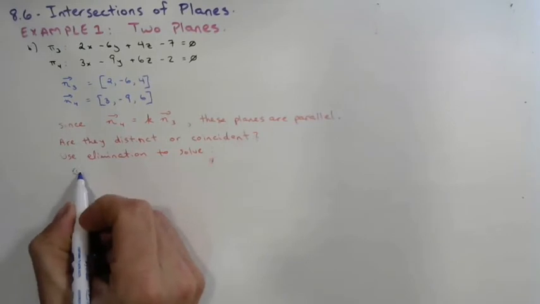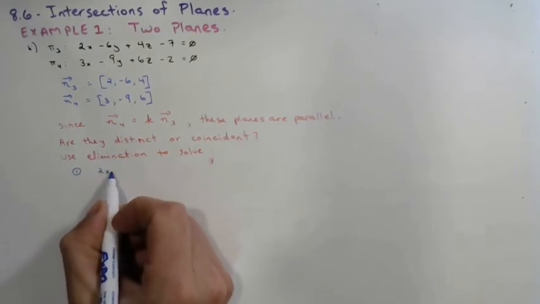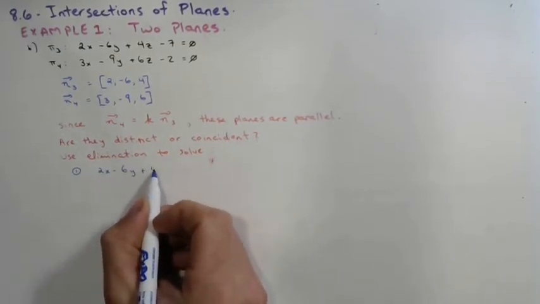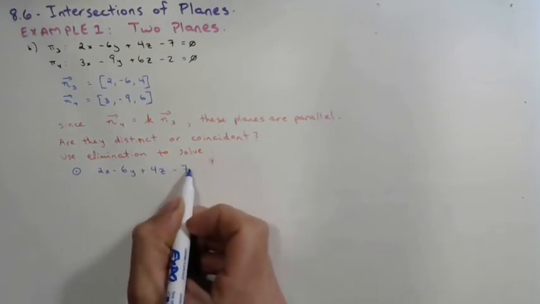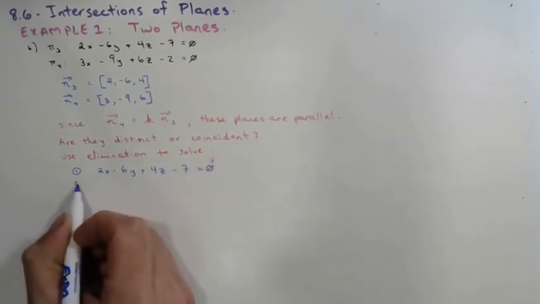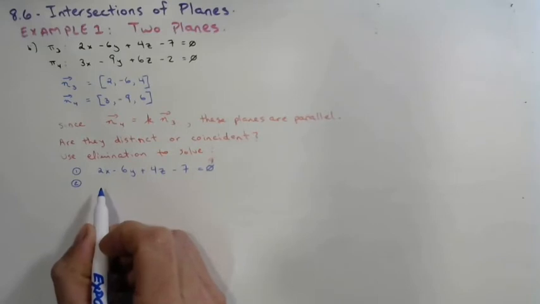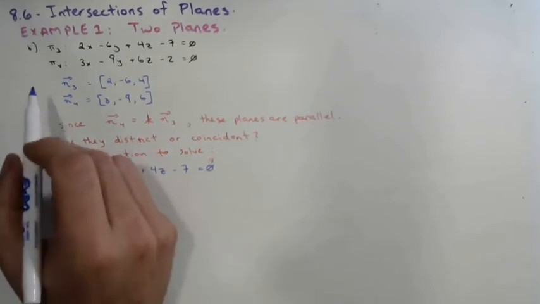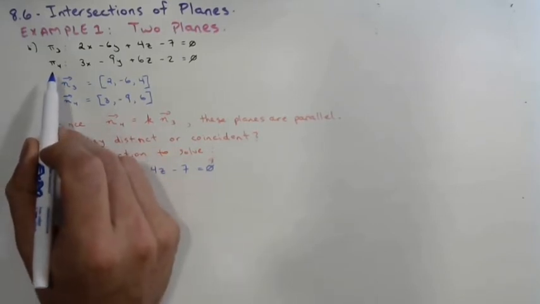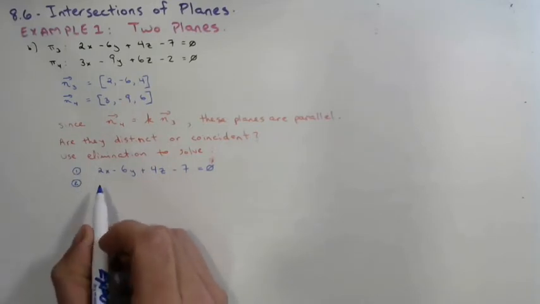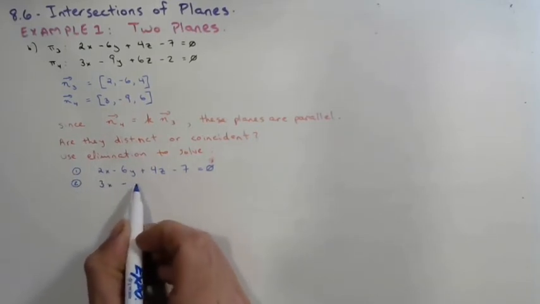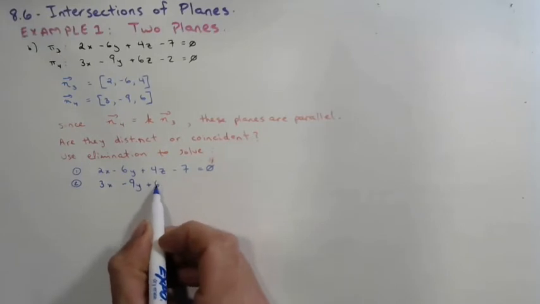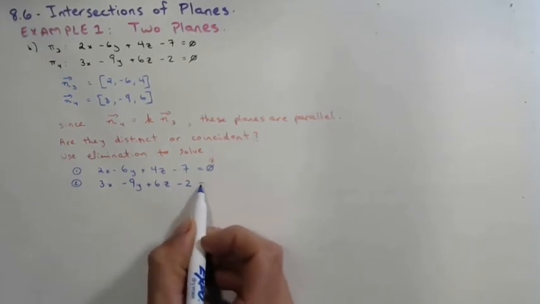So I set up equation 1 from plane 3, 2x minus 6y plus 4z minus 7 equals 0. Equation 2 is going to be from plane 4, and I could name them 3 and 4, but here we go. 3x minus 9y plus 6z minus 2 equals 0.